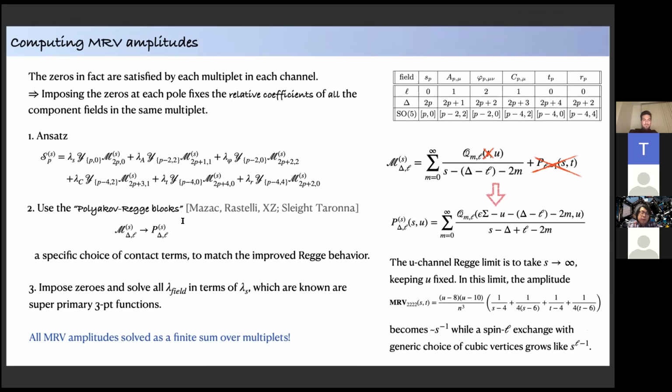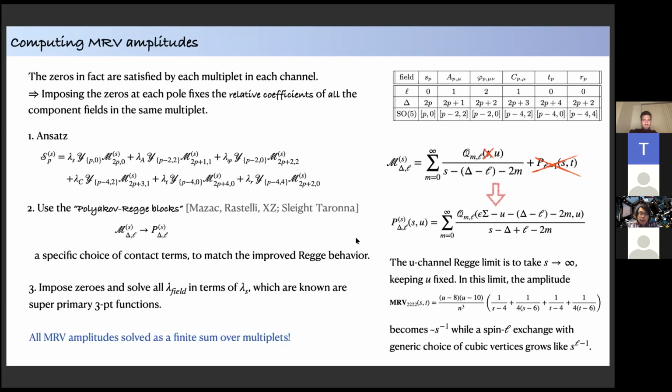Now, in order to impose these zeros, we first need to do something else. We need to choose an appropriate contact term in these exchange Witten diagrams. We need to improve its Regge behavior in the U channel. This U channel Regge limit is defined to be s goes to infinity with U fixed. We need to do that because we can see here that the MRV amplitude has much better Regge behavior compared to a generic exchange diagram.